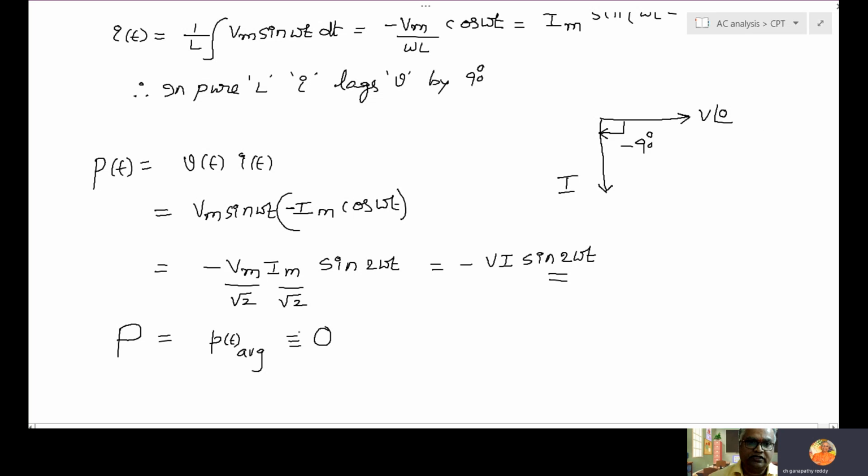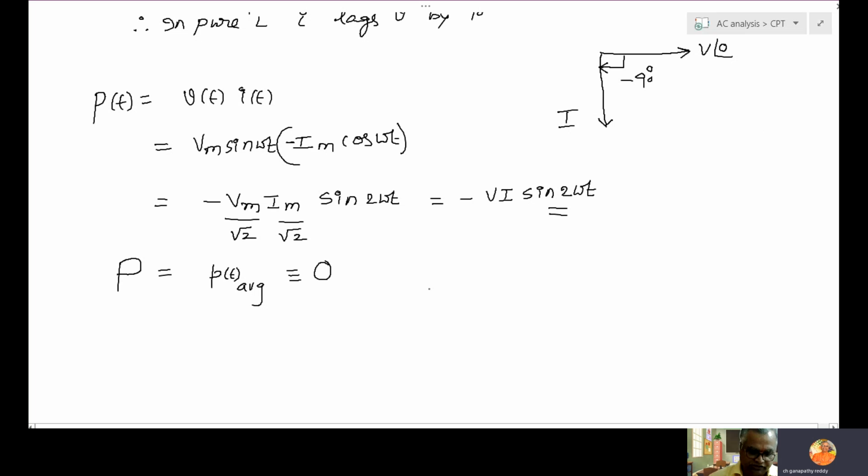So in pure inductor, average power dissipation is 0.